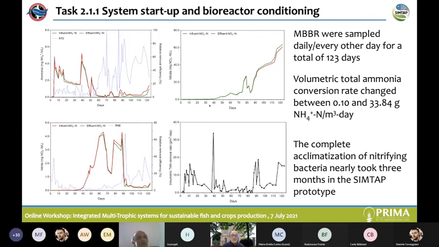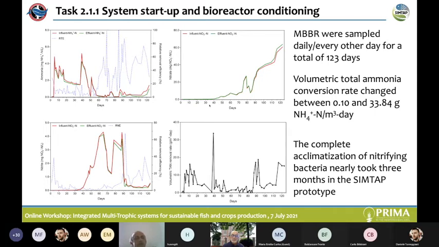Volumetric total ammonia conversion rate changed between 0.1 and about 33 grams nitrogen per cubic meter per day during the startup and acclimation period.